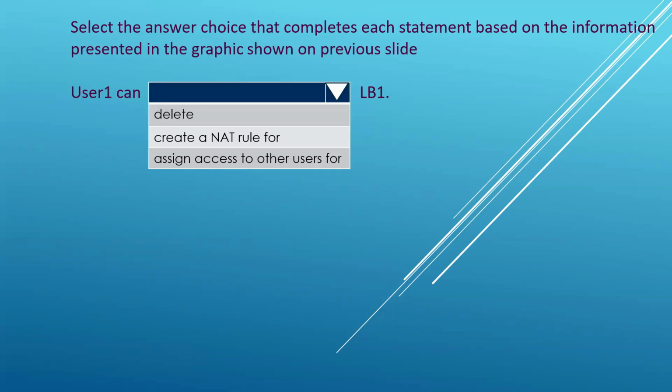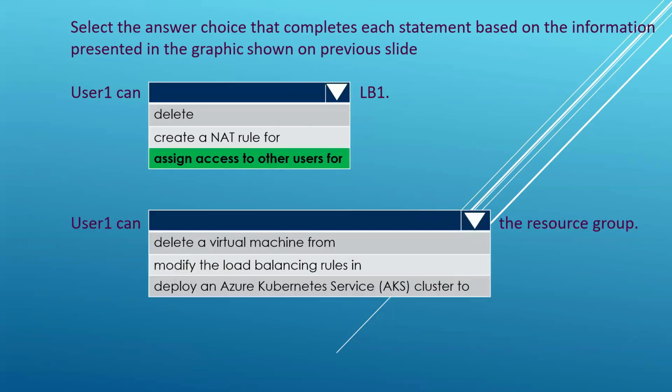And based on the role name, you can say correct answer for this case would be assign access to other users for LB1. Next statement is user1 can dash the resource group. The second role was virtual machine contributor, and based on it, the correct answer would be delete a virtual machine from resource group.